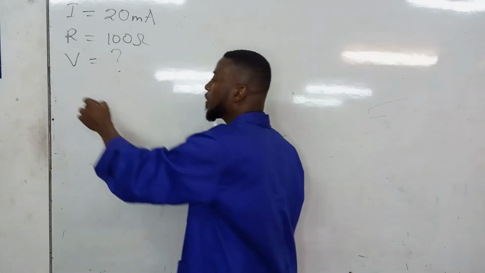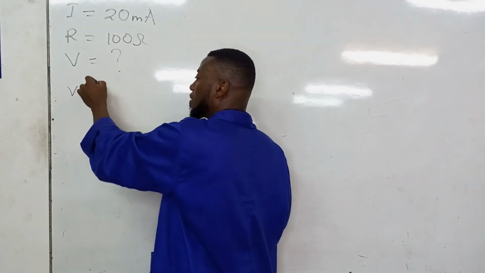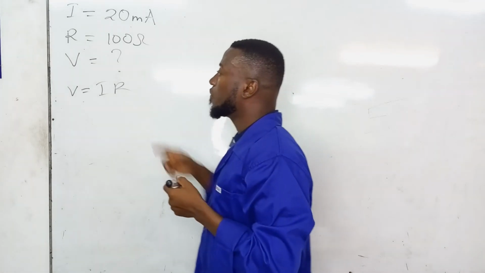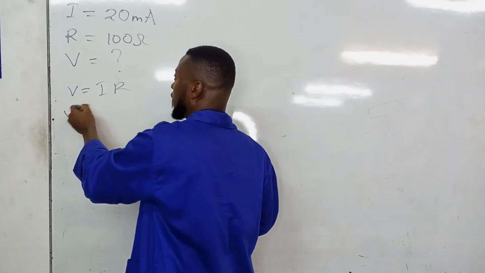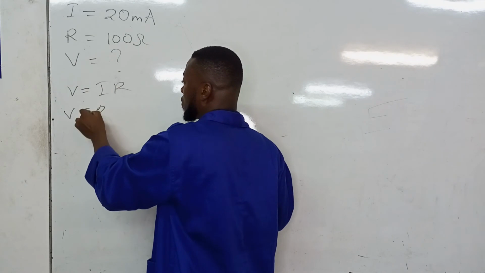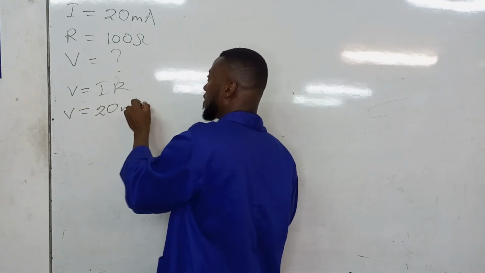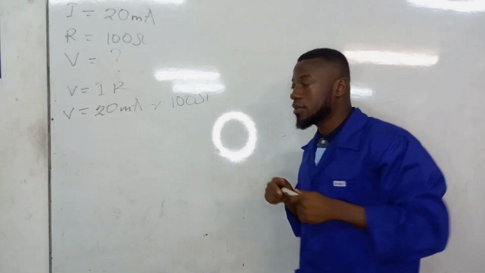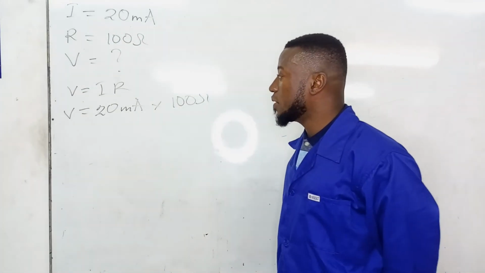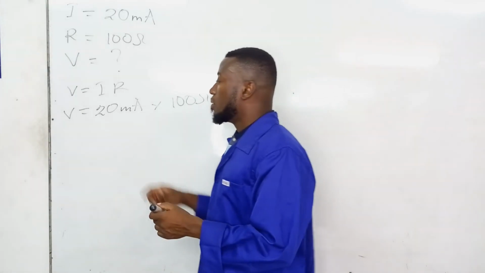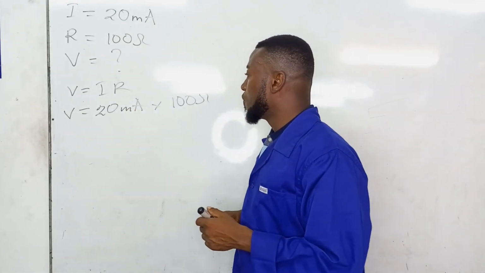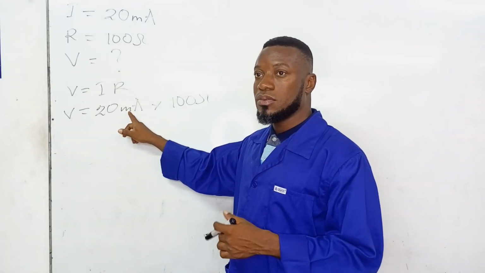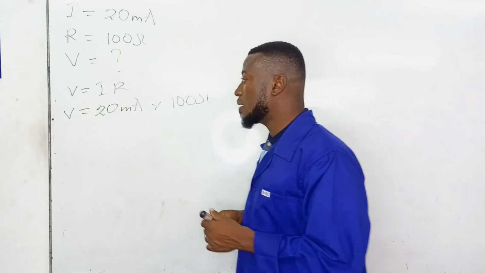So let's do that. Quickly, we write the Ohm's law down. We are looking for voltage. So we say V equal to 20 milliamp times 100 ohm. Initially, we know that milli is 1 out of 1,000.